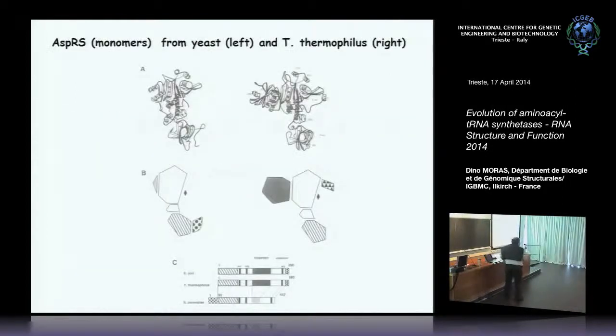Very quickly now, because these enzymes are modular. I told you this is the conserved core. There are two domains which have the active site, and then the synthetases are built by adding other domains. Each domain has a function. Here, this domain has the function to recognize the anticodon, the anticodon binding domain.